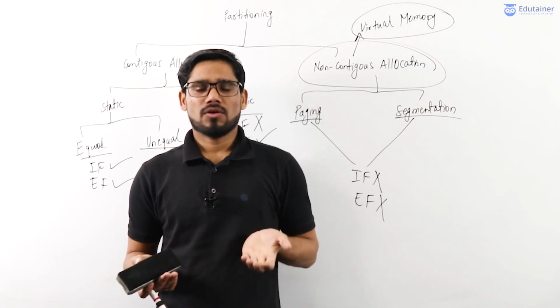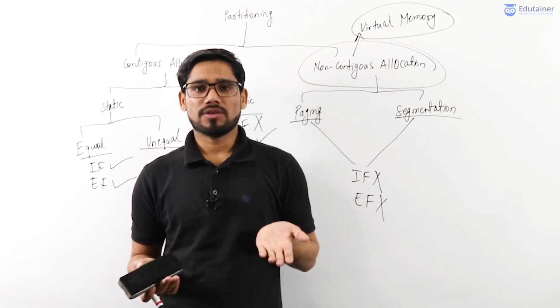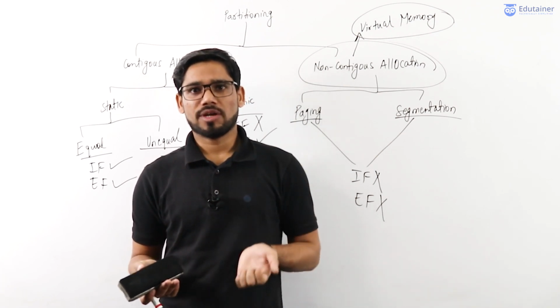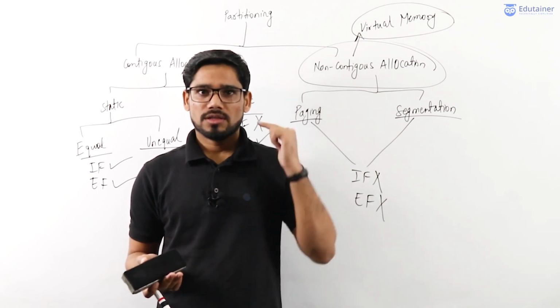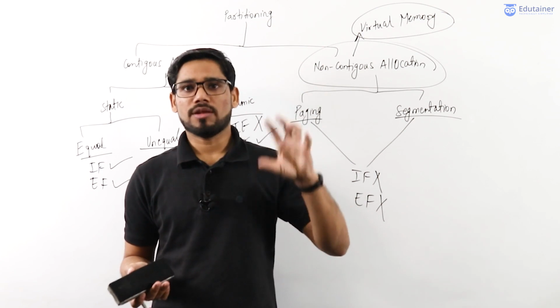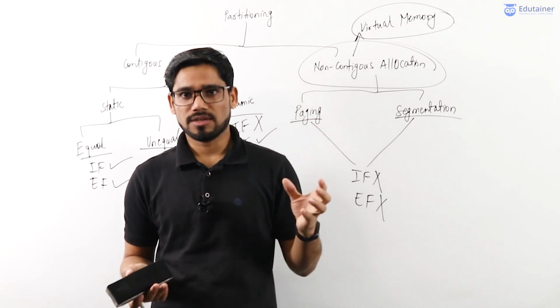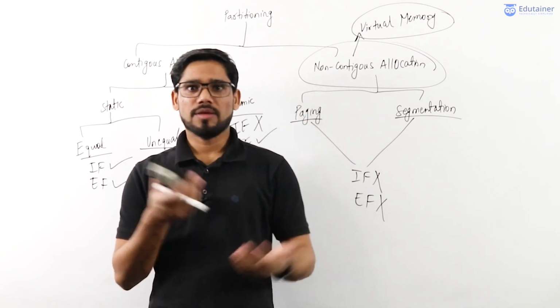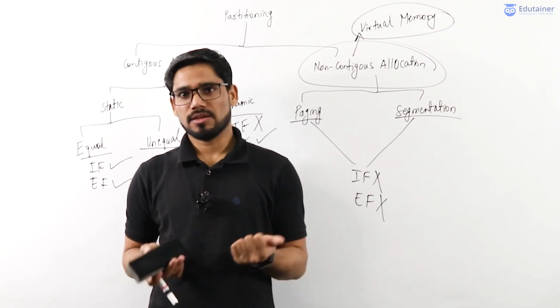Why, and what happens? How will it increase the degree of multiprogramming? Because of thinking of the infinite main memory. If you think the memory is infinite, you can run many processes simultaneously. How?